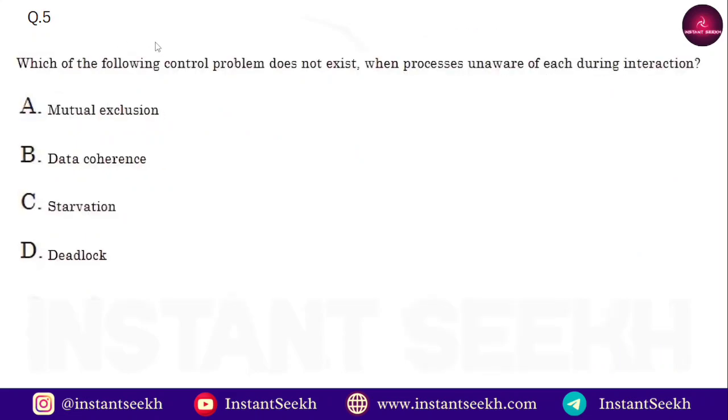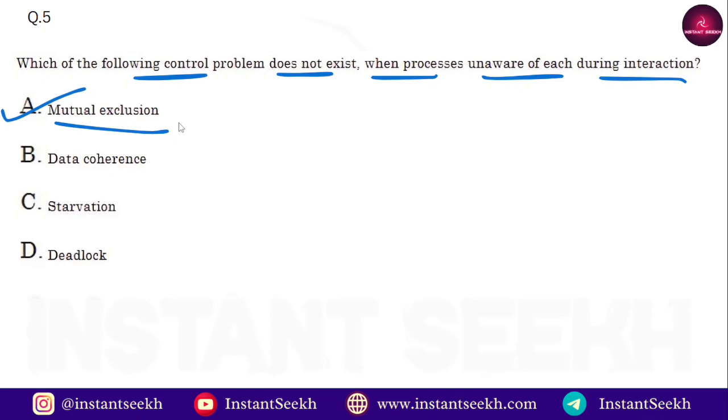Which of the following control problems does not exist when processes are unaware of each other during interaction? Mutual exclusion is the correct answer for this question.